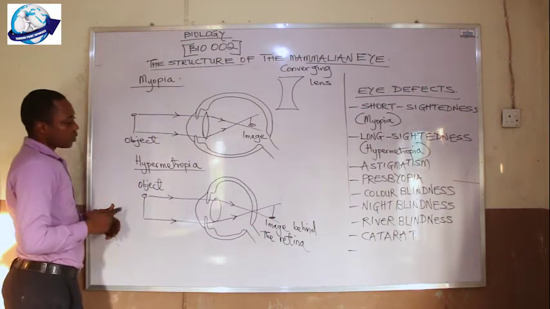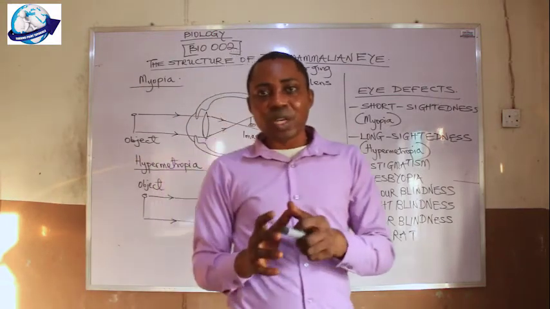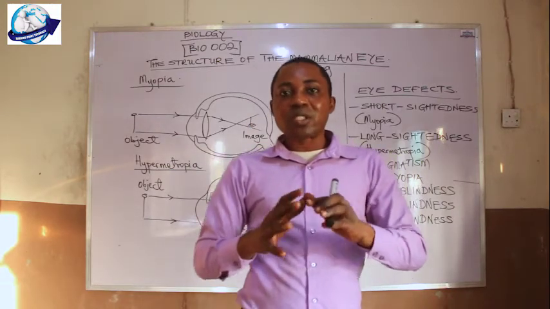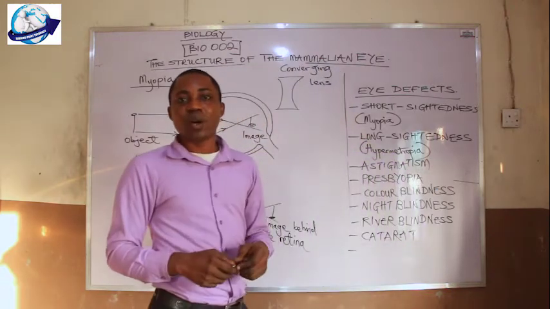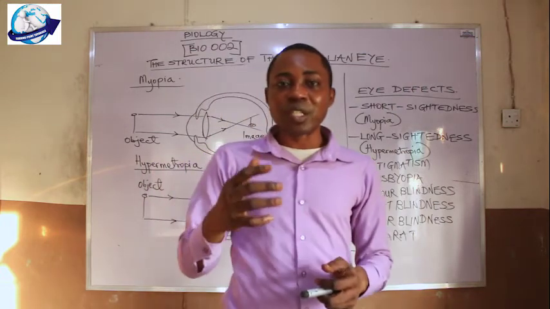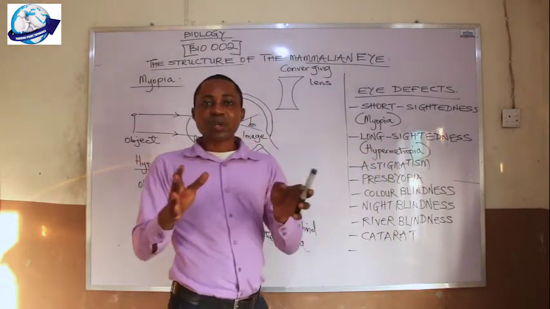I say once again, hypermetropia is an eye defect in which a person is not able to see what is near but only what is far away. This is because the eyeball is too short or the lens is too curved, so the image appears behind the retina. Now let's look at these two aspects.